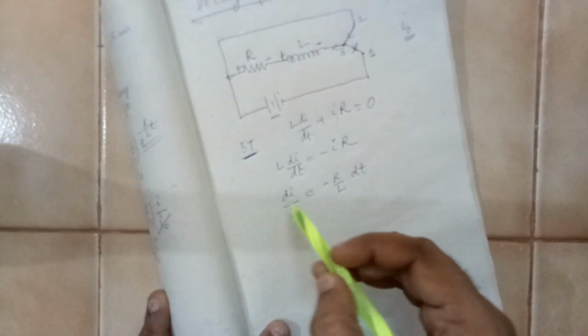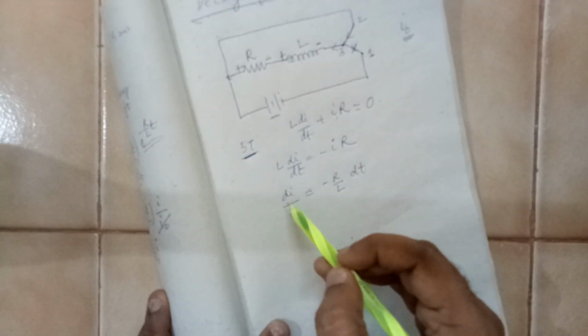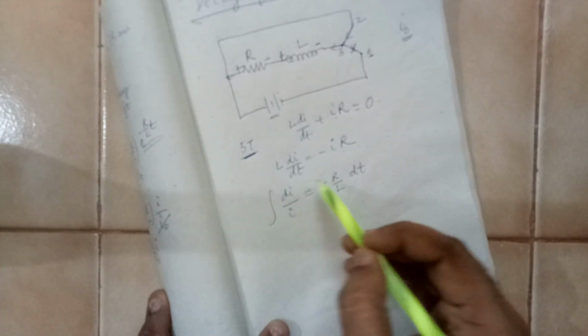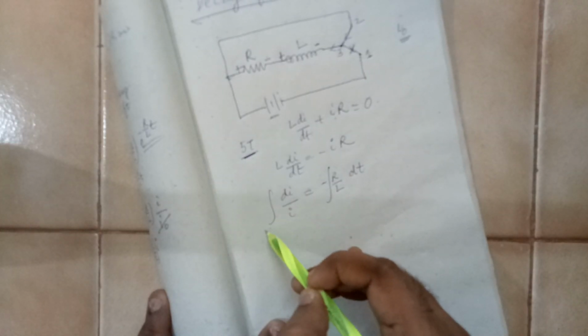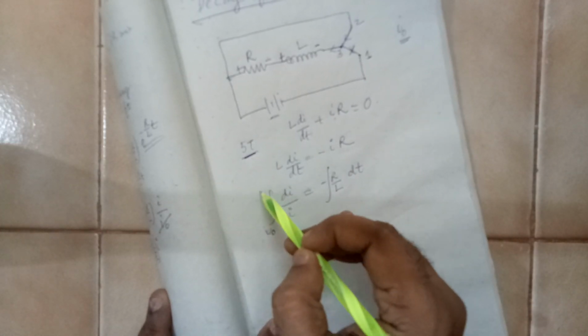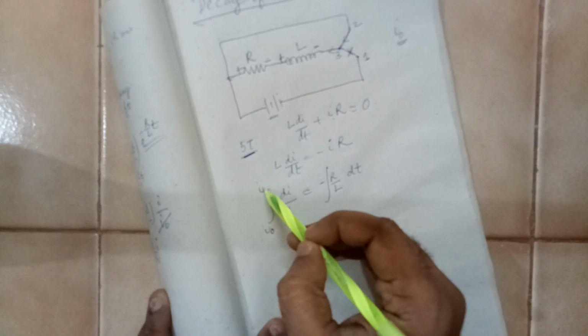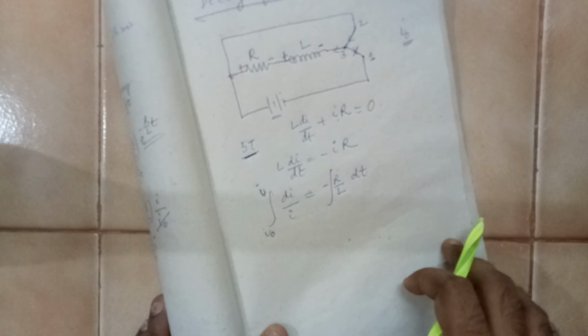If I integrate both sides between the boundaries, from maximum current I0 decreasing to current I in time from 0 to t, we are trying to find the general expression.